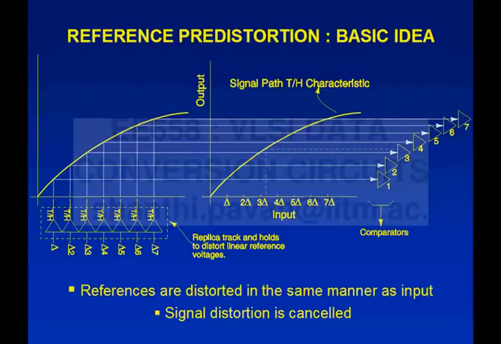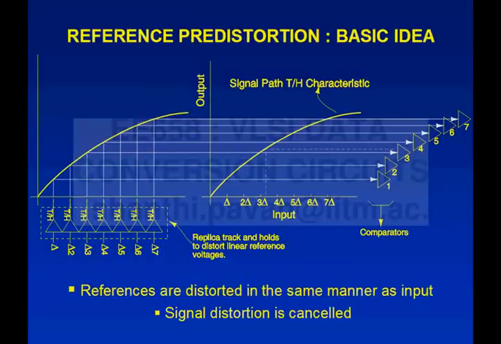So you don't have to run anything at high speed, everything is pretty much static, and it seems pretty innocuous, and you're able to eliminate distortion. So in this example, what I would do is generate a set of nonlinear references. How do you generate them? What is the right way to pre-distort these references?